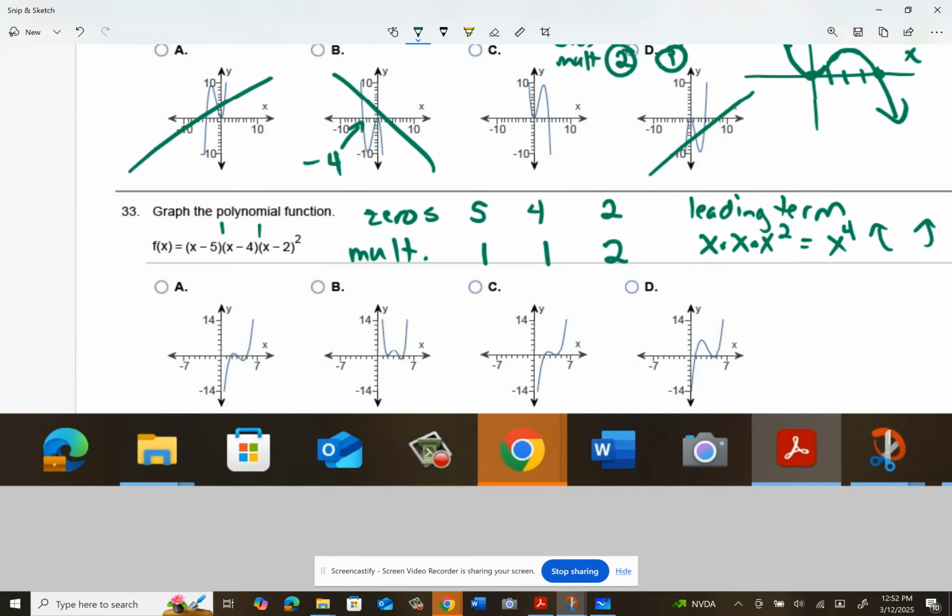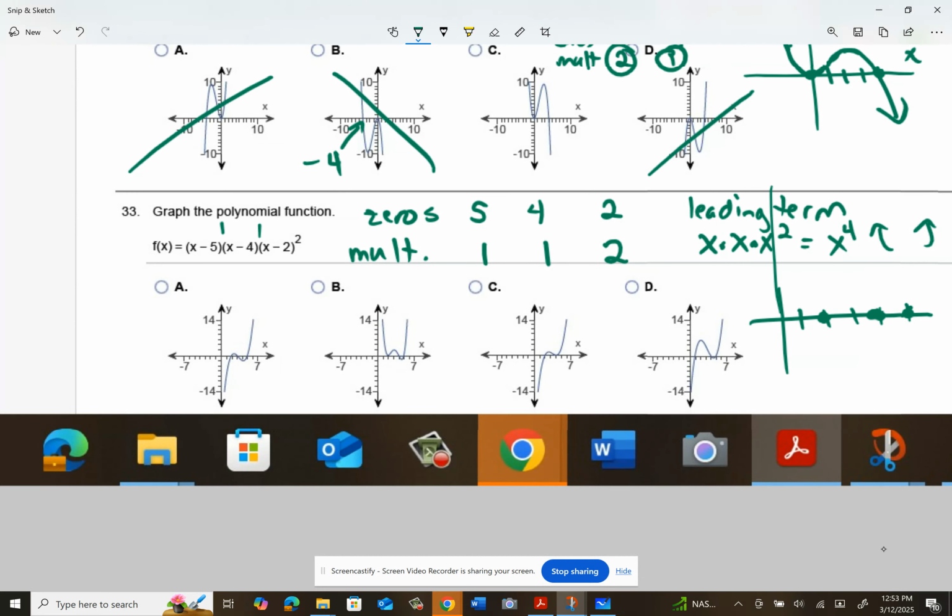Now we're going to do this pretending we don't already have the multiple choice answers, because we already know which one it would have to be. So if you were doing this yourself, you would draw your x-axis and you would put those x-intercepts on there. So it's going to have an x-intercept at 2, at 4, and at 5. Now, I know it has to open up, and so I'm going to be coming from above.